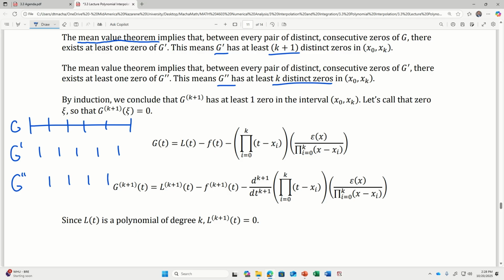Could be anywhere. But we know it exists, right? So we're going to take the k plus 1th derivative of this g function, right? And that would look like taking the k plus 1th derivative of the Lagrange interpolating polynomial, and the k plus 1th derivative of f, and the k plus 1th derivative of all of this stuff with respect to t.